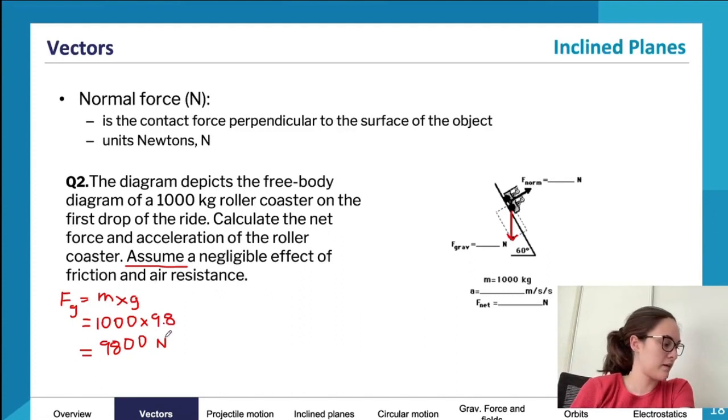Okay, and our next step now is to calculate the parallel force. So that is the force going this way. And the way we write that is by going like this. And that is equal to the force due to gravity times sine theta.